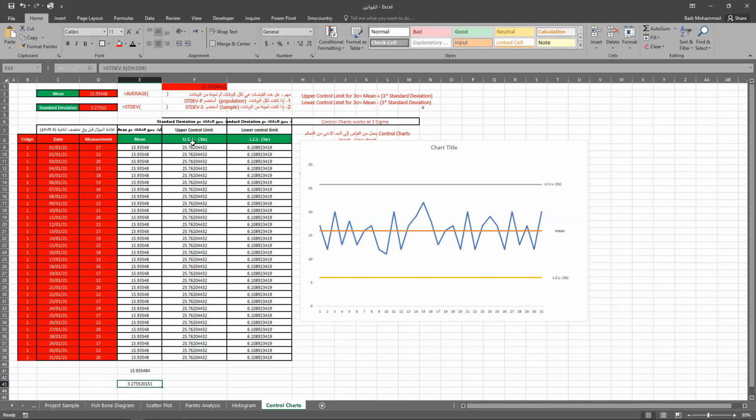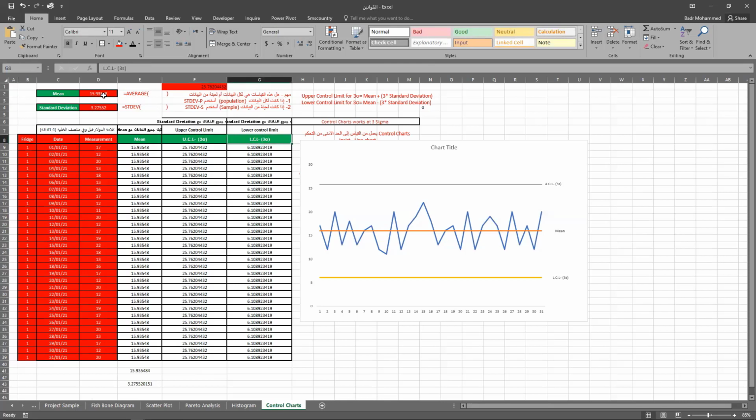Okay, how will we calculate the UCL and LCL? UCL equals the mean, which we should have here, plus 3 times the standard deviation. If you ask why we get the mean and the standard deviation, it is in order to get the UCL and the LCL.